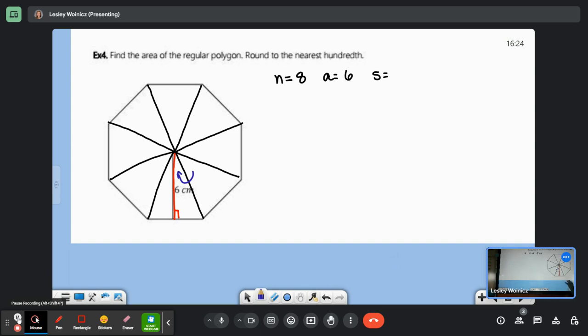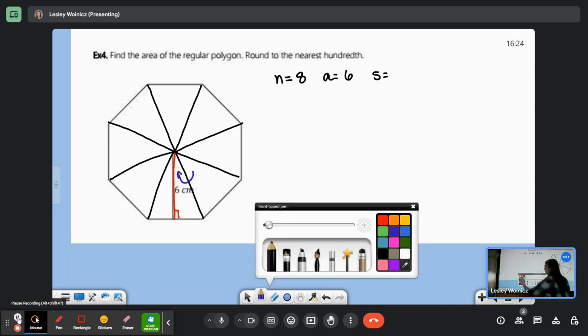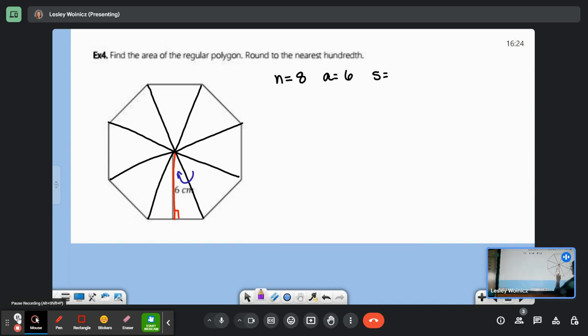That's not the side length. Okay, so I need to find this bit using this little triangle. That'll be my x. And then to get my side, I just say that 2x will be my side. I just double it because it's 2 of them. Okay, so it all hinges on me finding this angle.